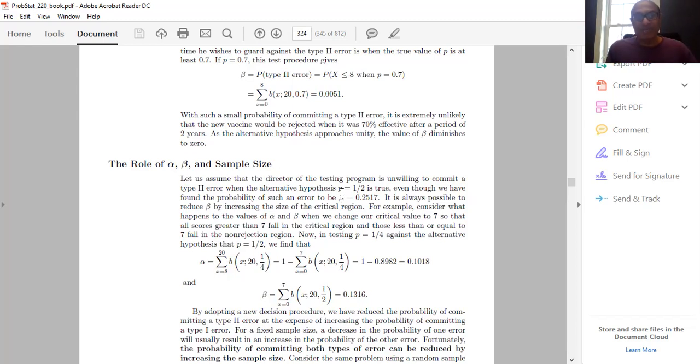Suppose in the problem the sample size is given as 10. I'm going to increase it to 100 or 200 or 300. If you increase the sample size drastically like this, you can overcome this type of error.